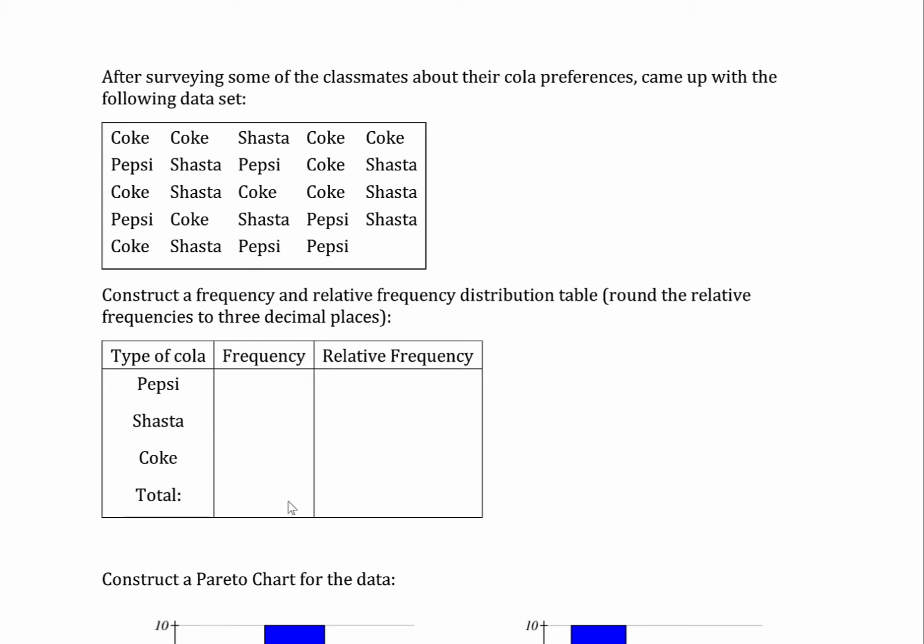So Pepsi, I think what I'll do is just count how many times they appear since it's a small data set. So Pepsi appears once, twice, 3, 4, 5, looks like 5 times. Shasta, we have it 1, 2, 3, 4, 5, 6, 7, 8 times, and I just noticed that I have another Pepsi here, so let me switch that over to 6.